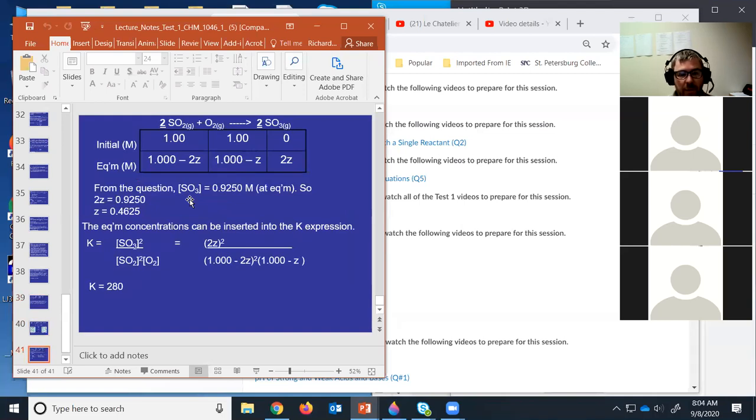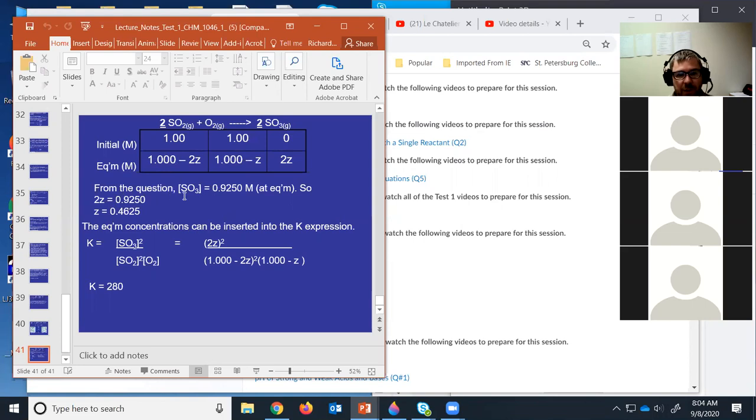So in the question, we're given, sorry, those should be 1.000 off the top here. I really got to change that at some point. But that should be 1.000 here and 1.000 here. So at equilibrium, it's 1.000 minus 2Z and minus Z and then plus 2Z over here.